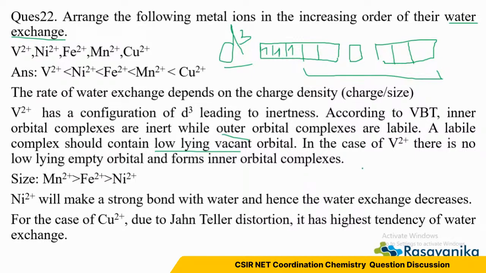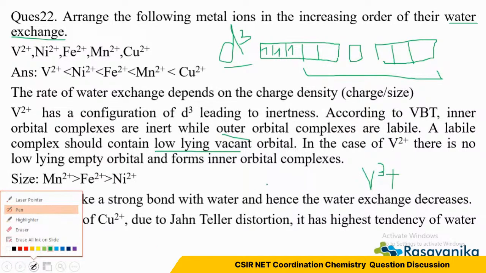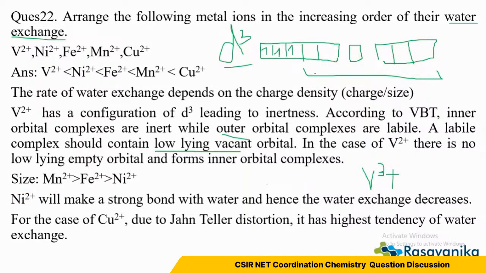Now, if you talk about vanadium in the plus 3 oxidation state, 4s2, 3d3 is the configuration, right? And if we remove 3 electrons, we'll get d2, right? I'll just show it in this itself. First you see this one, vanadium in the plus 3 oxidation state. Only 2 electrons will be there, for the vanadium 3 plus, d2.